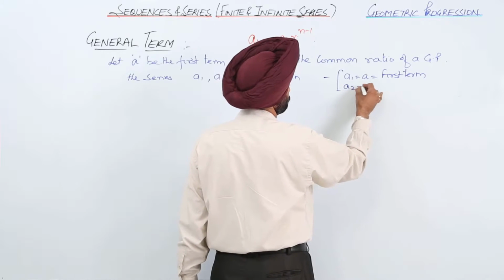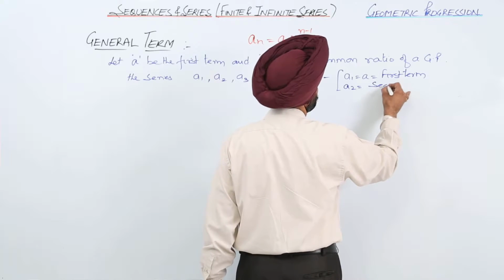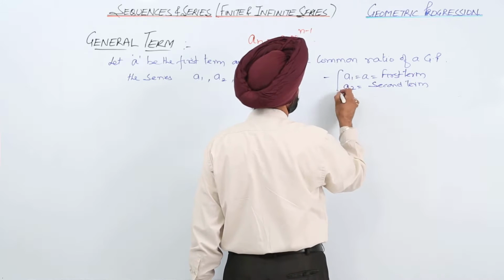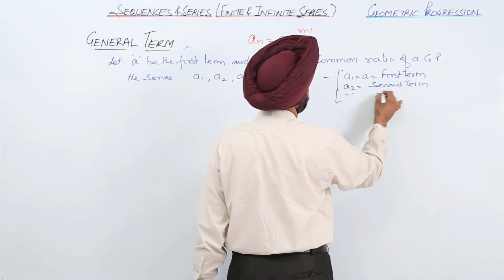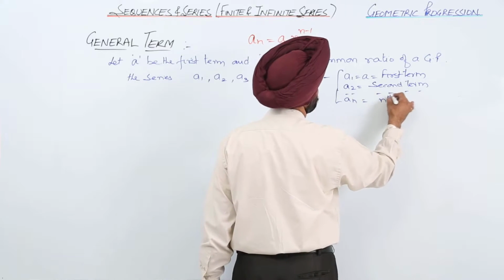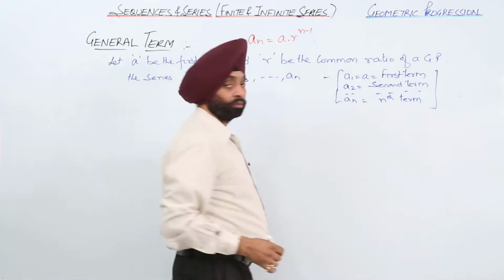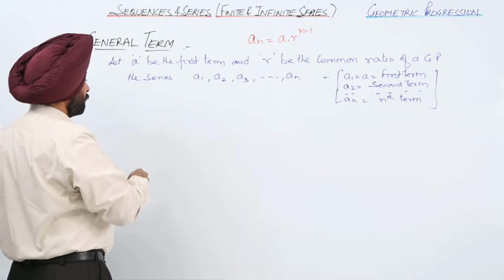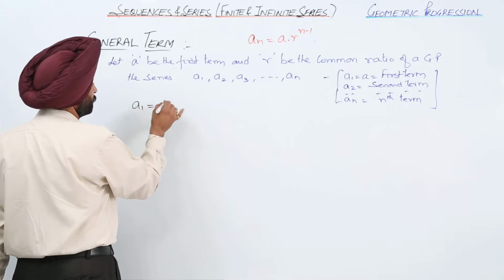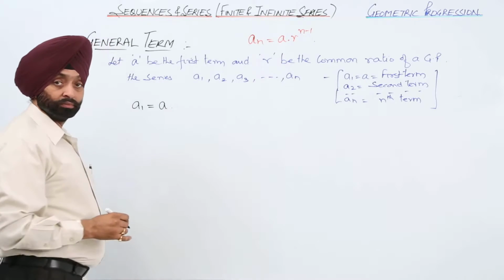A2 is the second term. Similarly, we can go for AN. This is the nth term. Is it clear? Now for the first term, we have A1. A1 is equal to A. This is the first term.